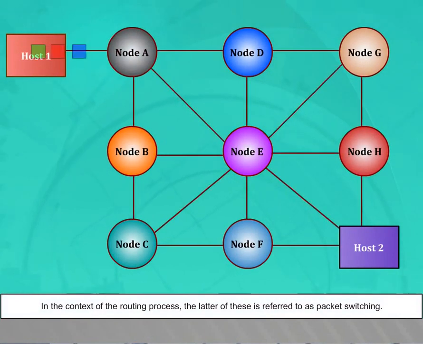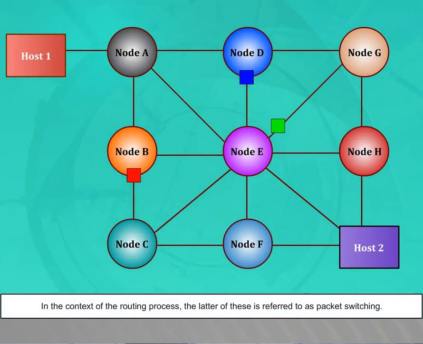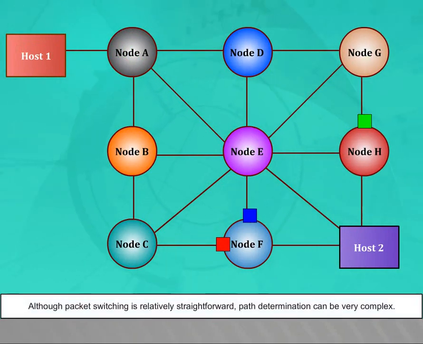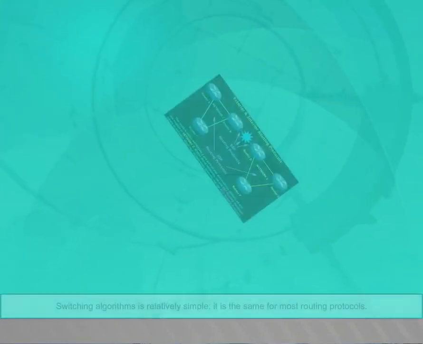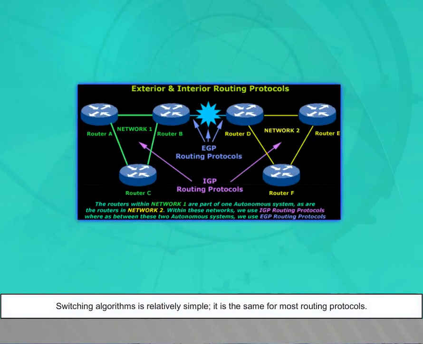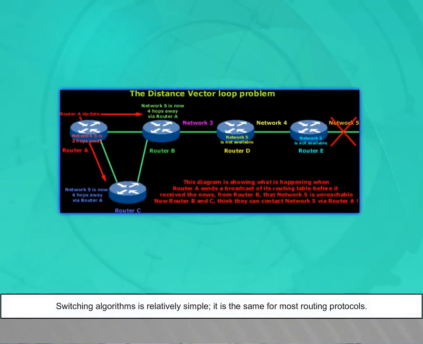In the context of the routing process, the latter of these is referred to as packet switching. Although packet switching is relatively straightforward, path determination can be very complex. The switching algorithm is relatively simple. It is the same for most routing protocols.